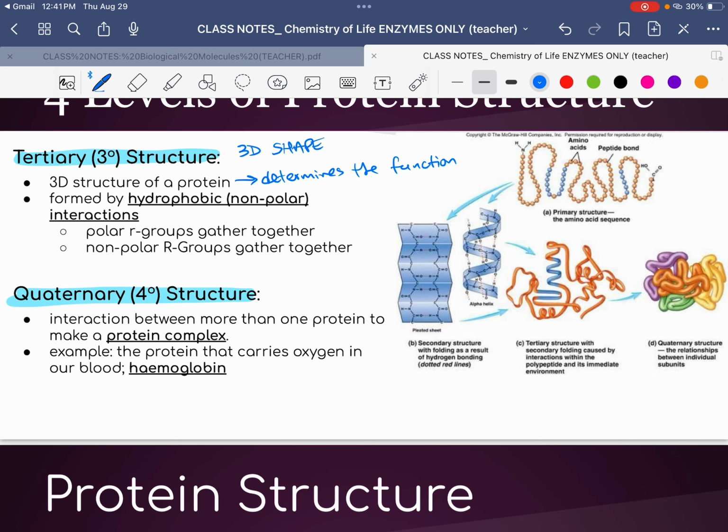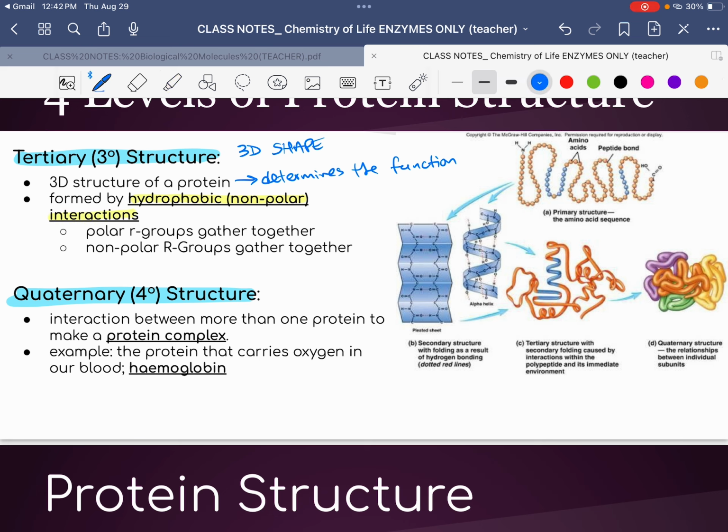Okay, now what's causing the protein to fold into a three-dimensional shape is what's called hydrophobic interactions. Hydrophobic, in other words, non-polar interactions.